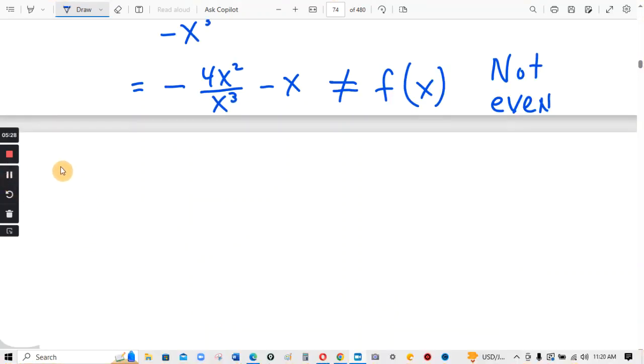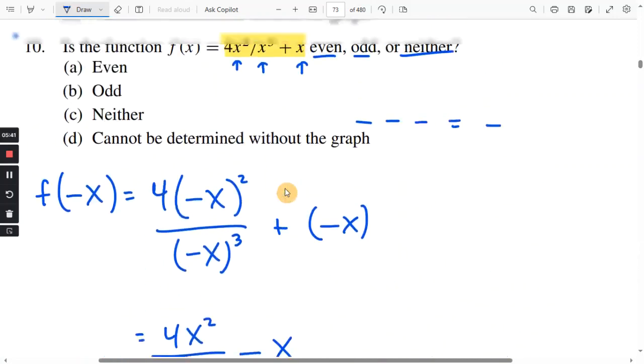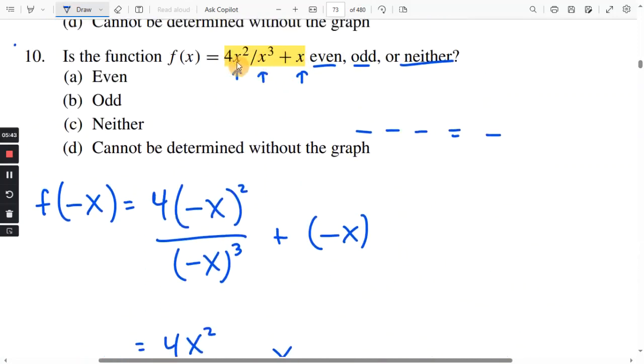All right, second test is to take the negative of the original, so negative f of x. So we are going to negate the entire f of x function. So use parentheses, and we're going to negate this whole thing. 4x squared over x to the third plus x.